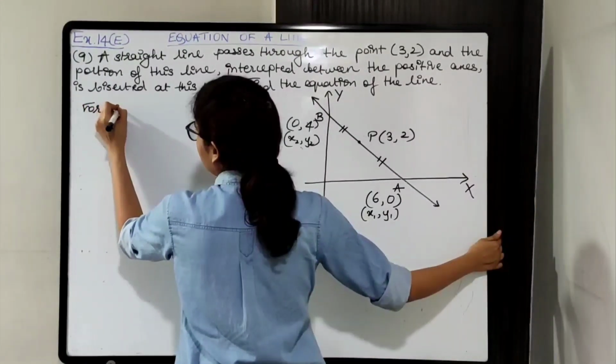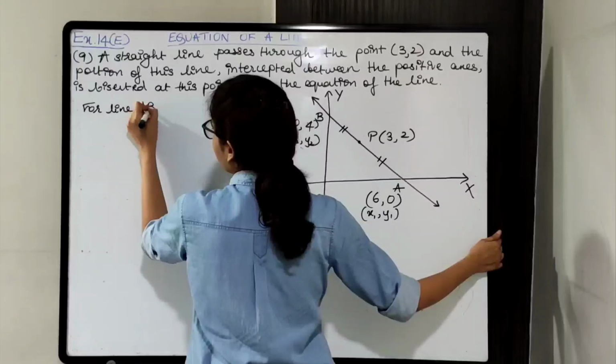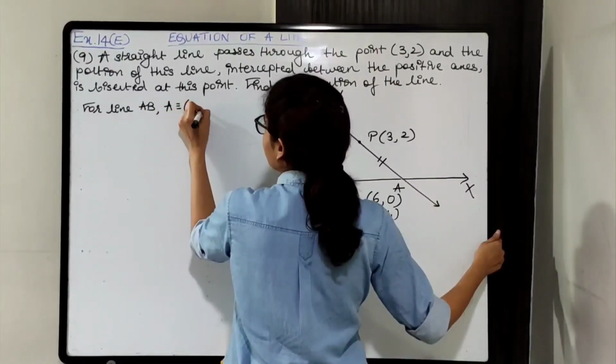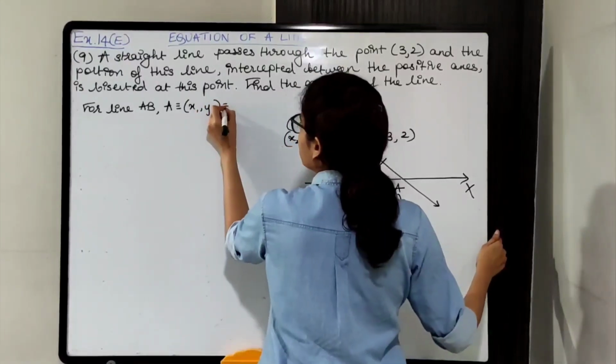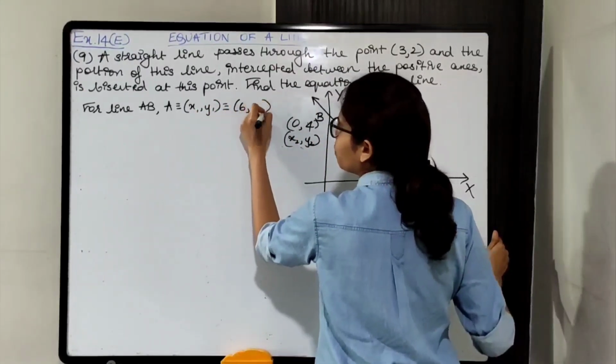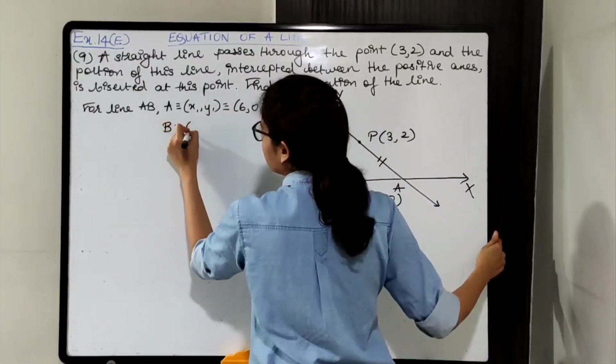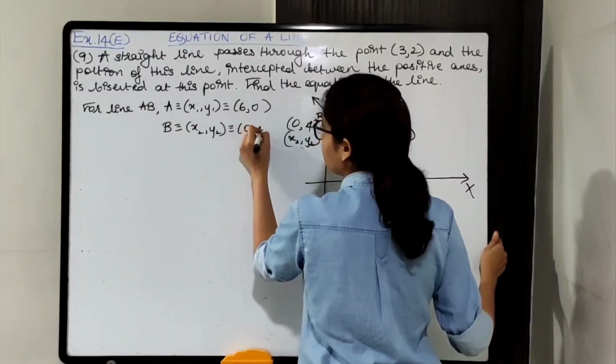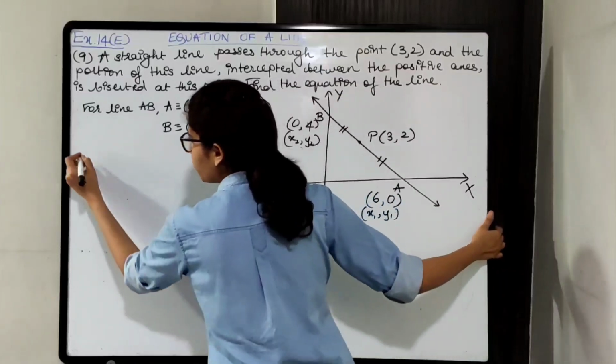For line AB, A x1, y1 is 6, 0 and B x2, y2 is 0, 4. Let's find the slope.